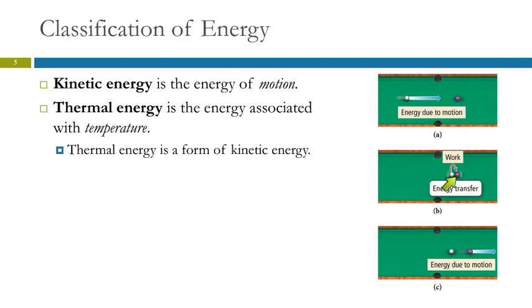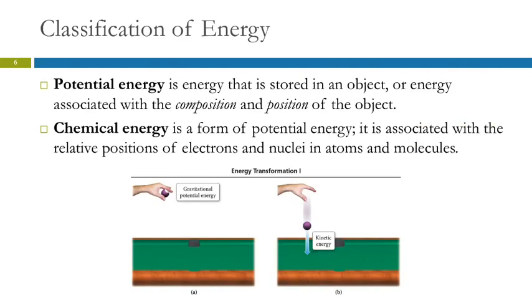When the cue ball hits that purple ball, there's an energy transfer, and the cue ball does work on the purple ball. The cue ball has stopped now, and the purple ball now has the energy in the form of kinetic energy and moves off. So there's been a transfer of energy from one ball to the other. Kinetic energy is movement, motion.